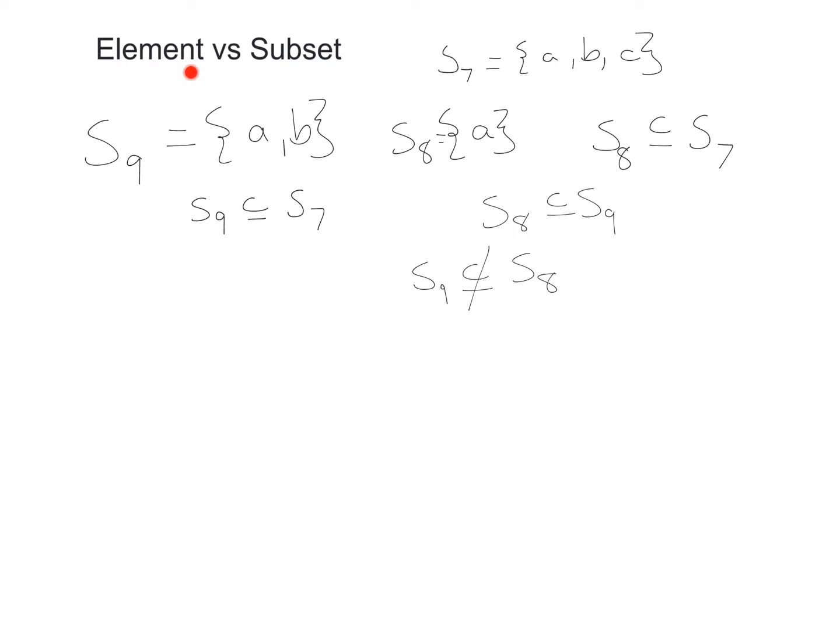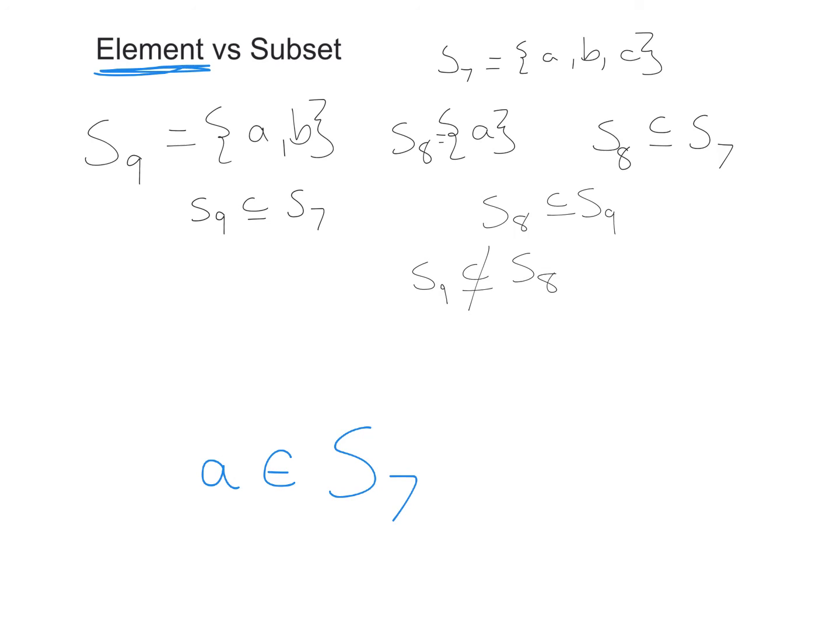So we've talked about subset. Now let's talk about element. Traditionally, when you were doing this in high school, the thing on the left was not a set. Let's underline element in blue, and I'll do my element stuff in blue. So if you want to know, is A an element of S7?